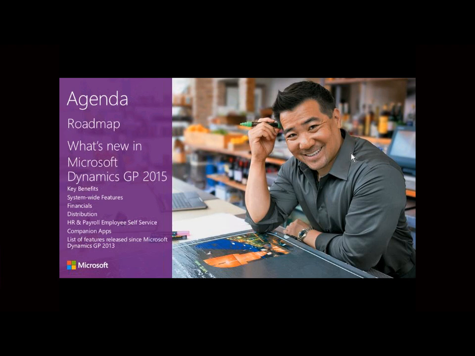And GP 2015 builds a lot on the things that came out in R2. So from an implementation standpoint, 2015 behaves more like a service pack to GP 2013 R2. You'll see there are some comparisons with the 2013 R2 stuff in here as we go forward.